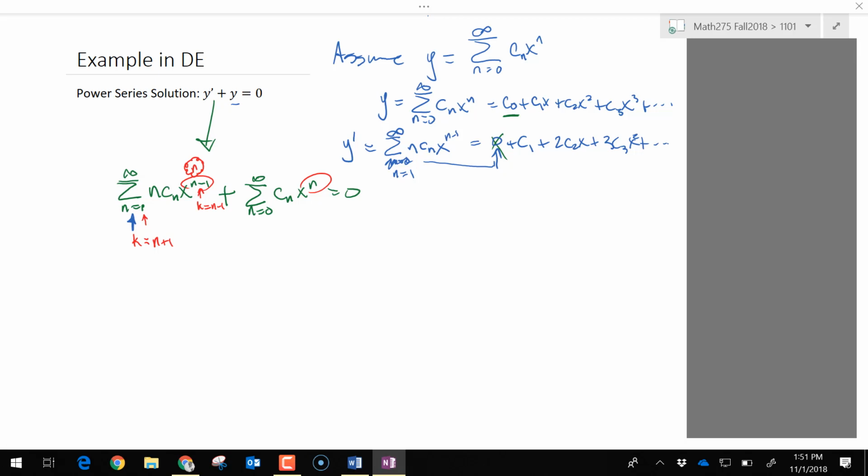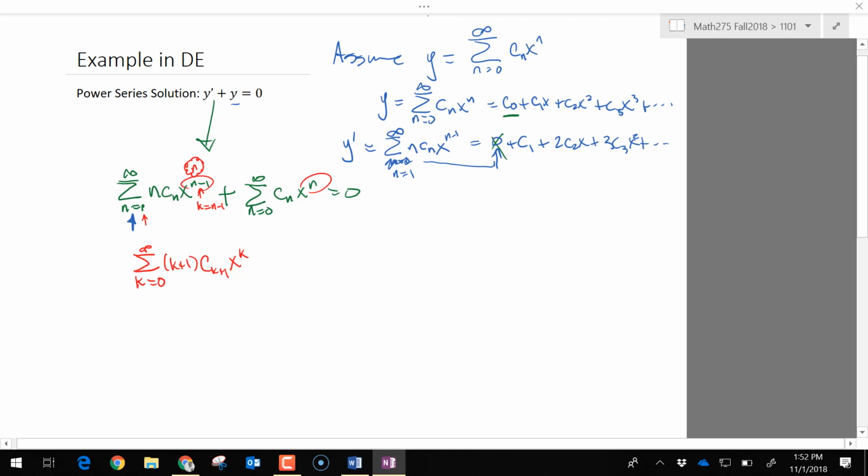I want this to be k, and so whenever I add 1 inside of my series, I'm going to subtract 1 from the index. So I would have k. So in here, I'm going to add 1. And then here, I'm going to subtract 1.